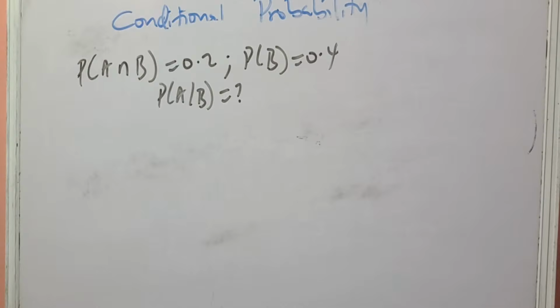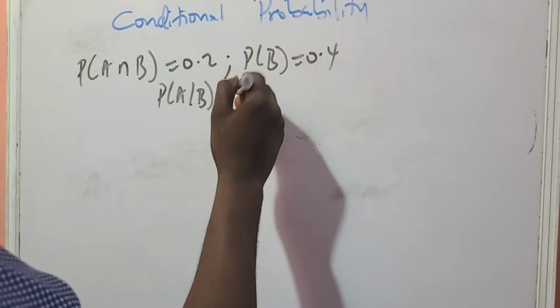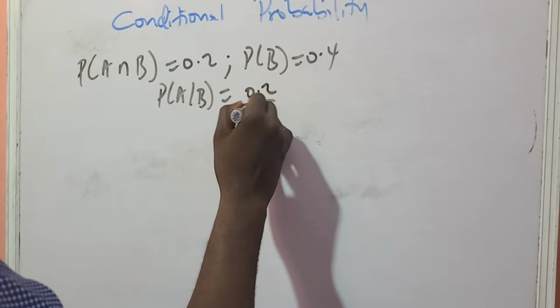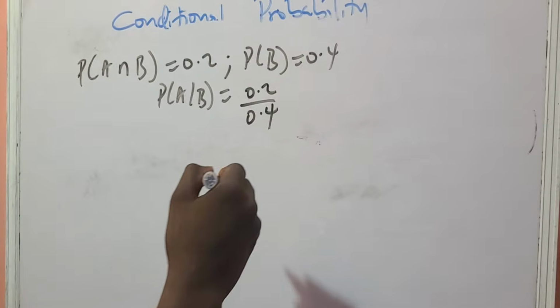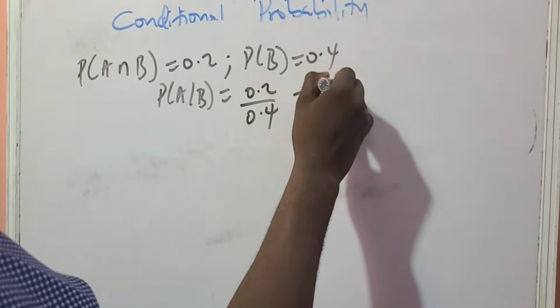All right, 0.5. So obviously that will be 0.2 over 0.4, 0.5.